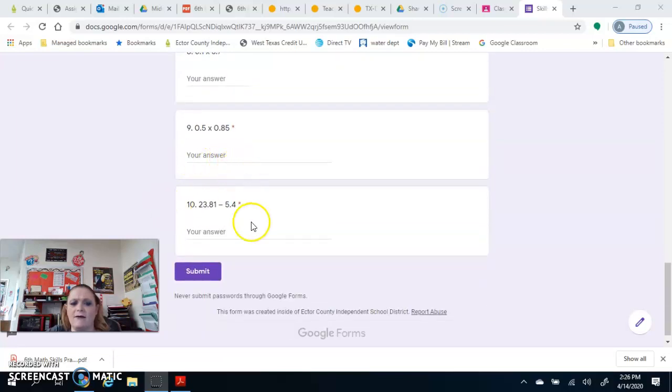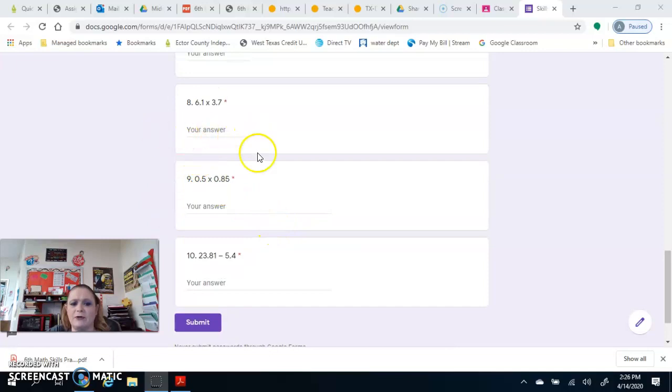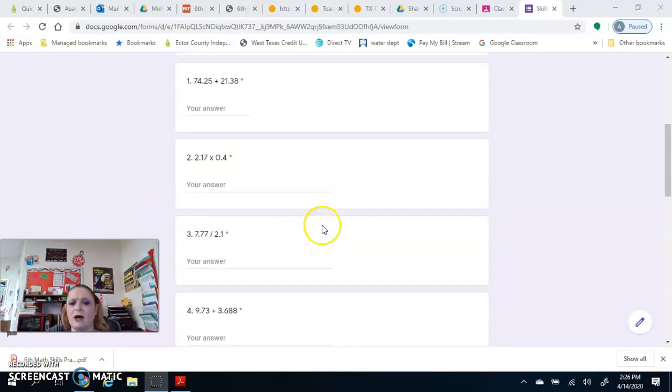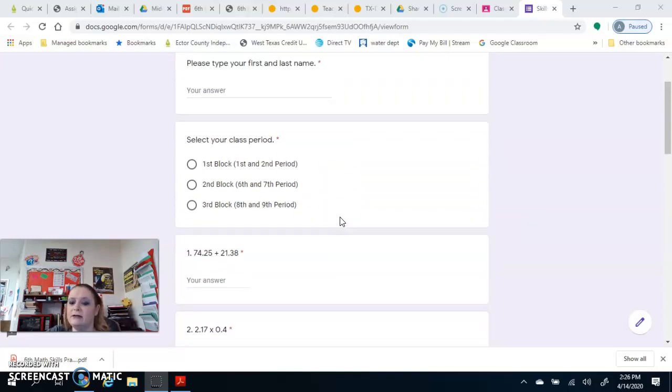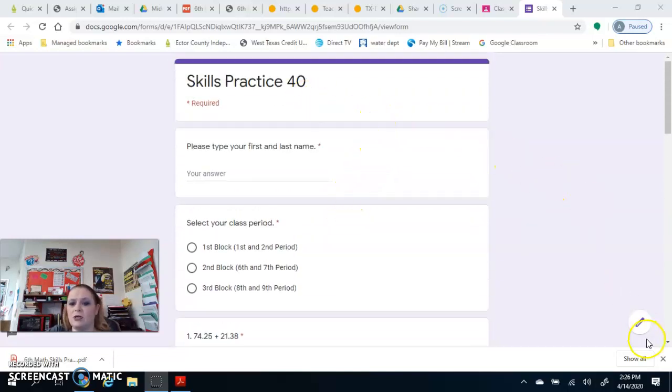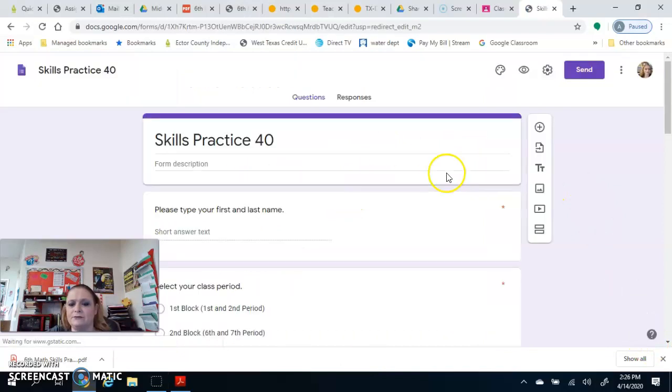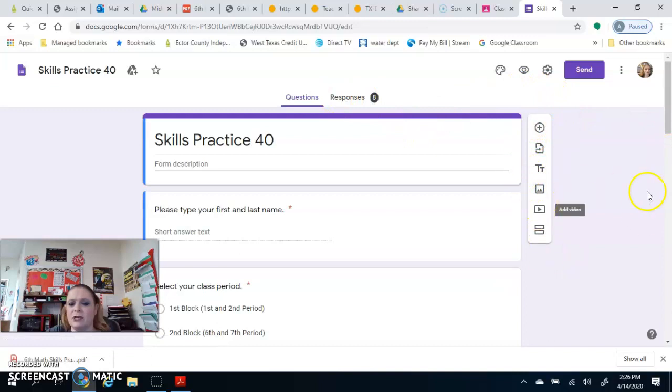Each one of them will have where it says your answer, and then put your answer in there, okay? Again, show your work on a clean sheet of paper, nice and neatly, okay? And when you are done, because you're going to hit edit, it'll have a place over here to submit. There is going to be a paper clip.